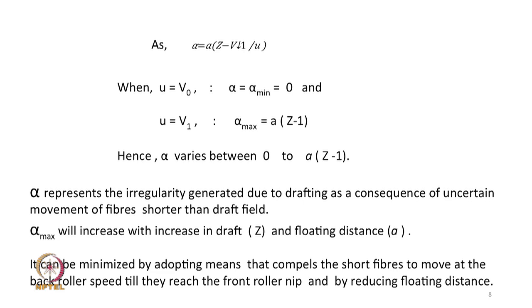So, this is how the deviation from normal shear can vary between 0 to a into z minus 1. So, alpha represents the irregularity generated due to drafting as a consequence of uncertain movement of the fibers, especially the shorter fibers in the draft field.